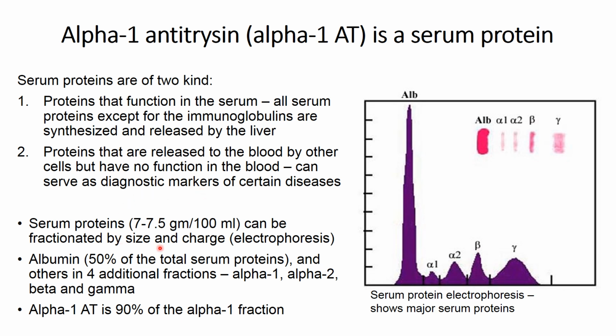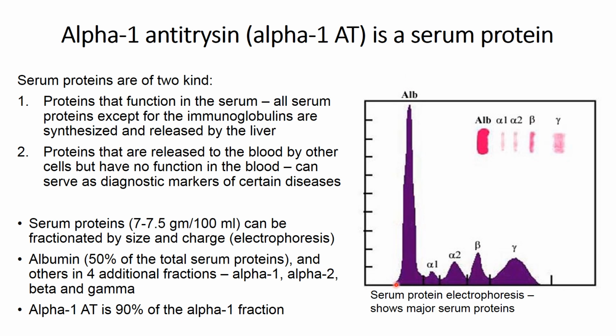We have 7 to 7.5 grams of protein in the blood, so the blood is pretty rich in protein. These proteins can be separated from each other based on their size and their charge. We have a huge peak in the electrophoretic pattern made only by albumin.